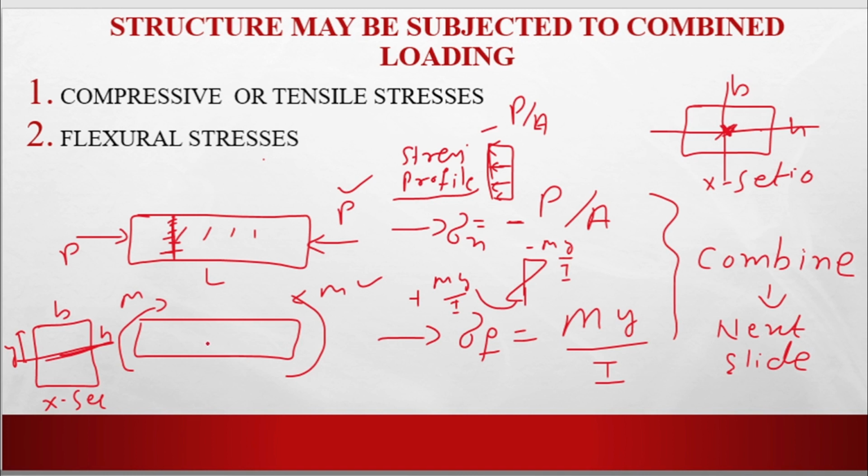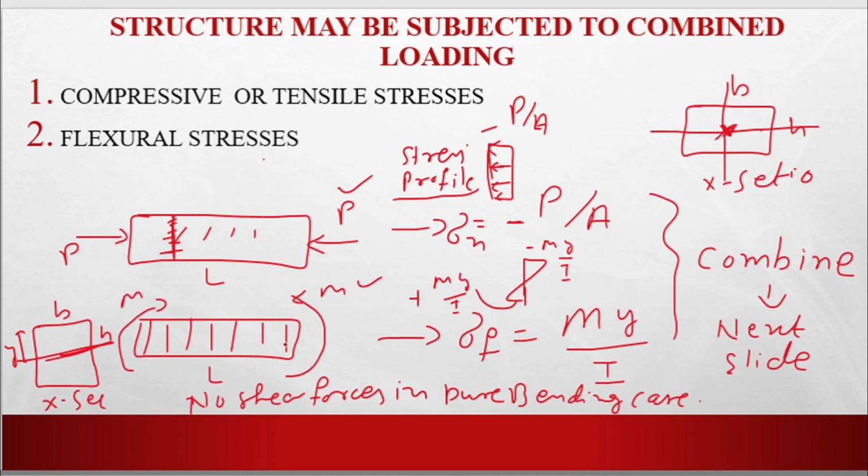For example, if another beam is considered and there is only the pure bending case, remember this, there are no shear forces in the pure bending case. There is a constant moment at each section, and that value is M. We will also discuss in the basic structure analysis course how we can draw the shear force and bending moment.